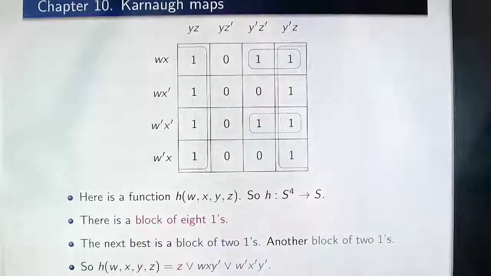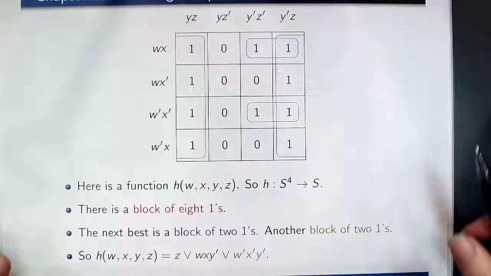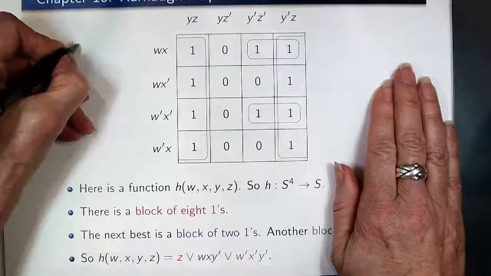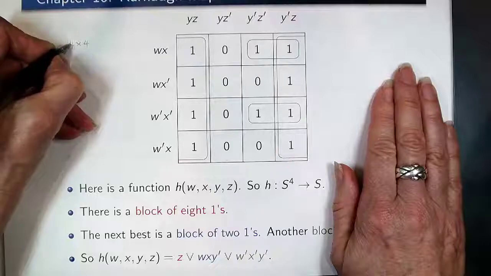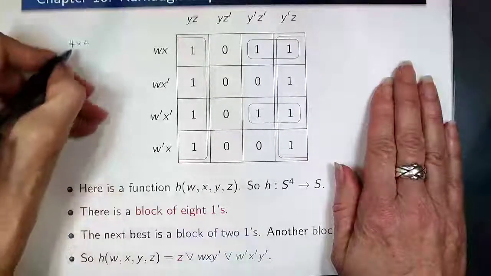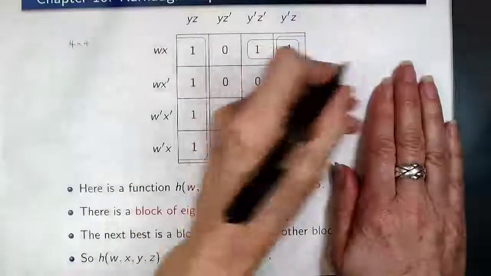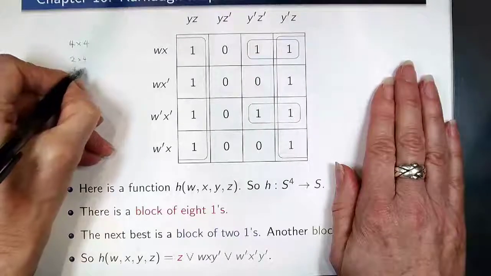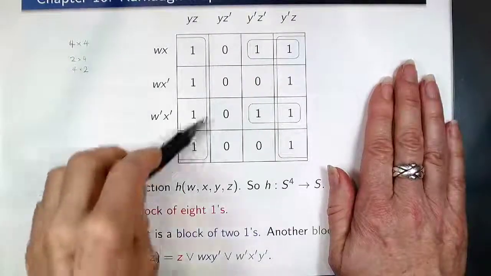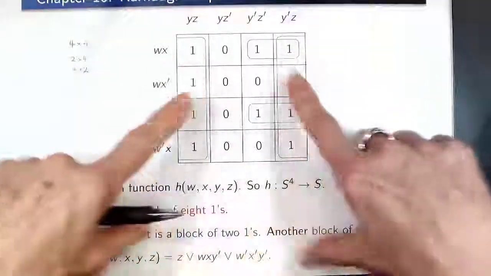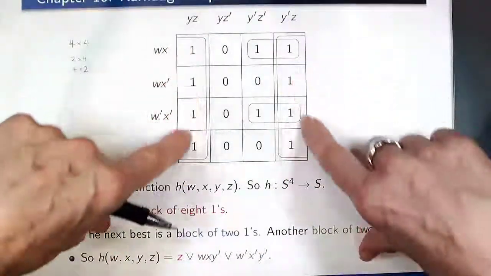Okay, so can you see the labelling? Good. Now we look for blocks. The biggest block we could possibly get is a 4x4, if it was all 1s, but we haven't got that. So we now look for blocks of size 8. We can't get 8 by 1, but we could get a 2x4 or 4x2, and that's where we see here in red, it wraps around and gives us a 4x2 block.